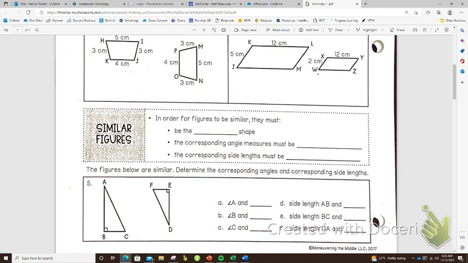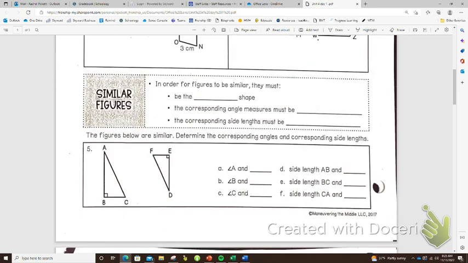What we're going to be looking at now are similar figures. In order for figures to be similar, they must be the same shape, the corresponding angle measures must be equal or congruent. Those mean the same thing.